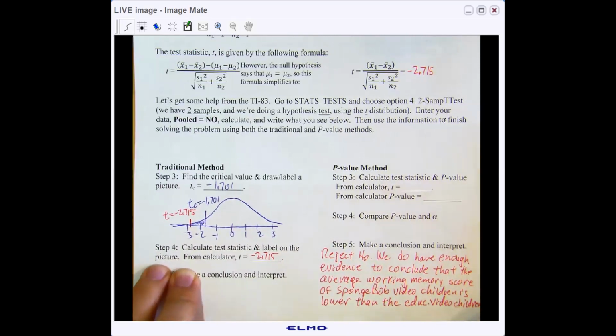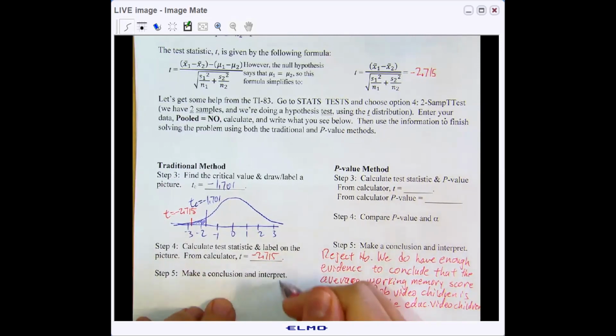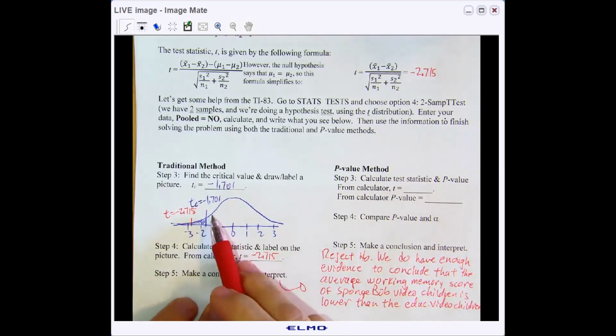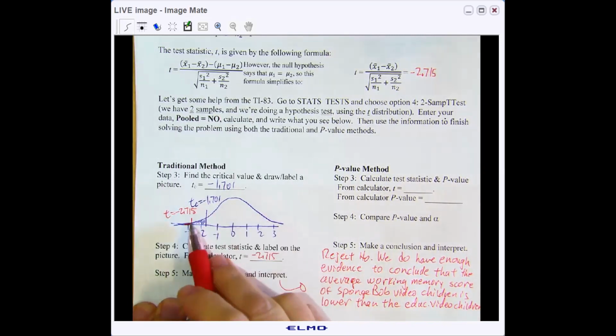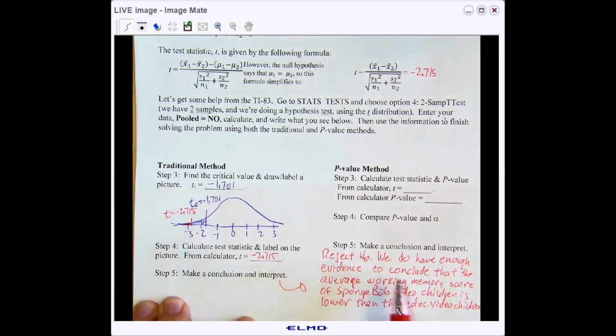Okay. All right. So we again did the traditional method, found the critical value, found out where our test statistic was. He landed in the critical region, so we reject H naught.